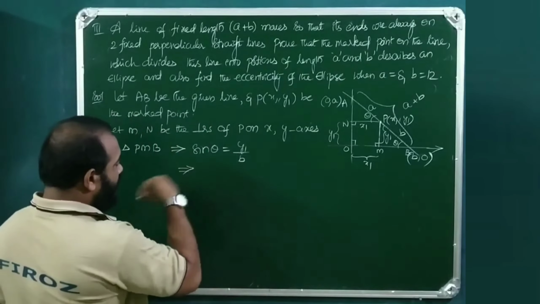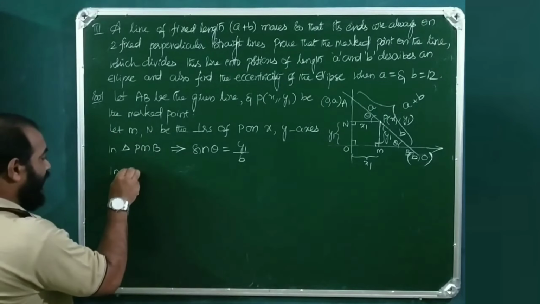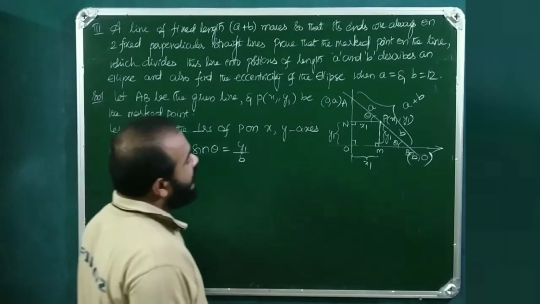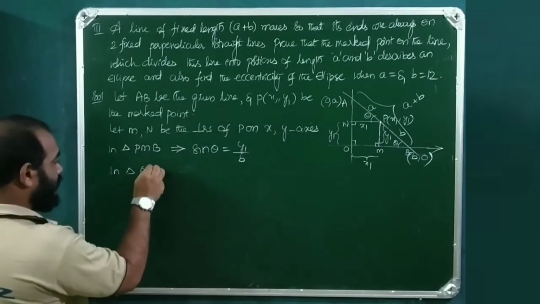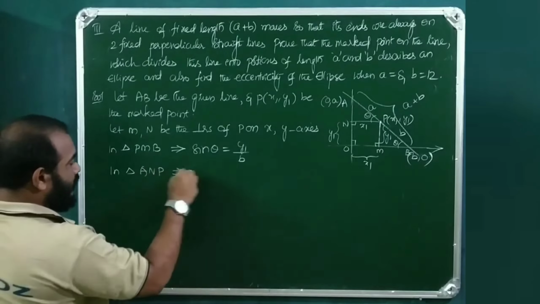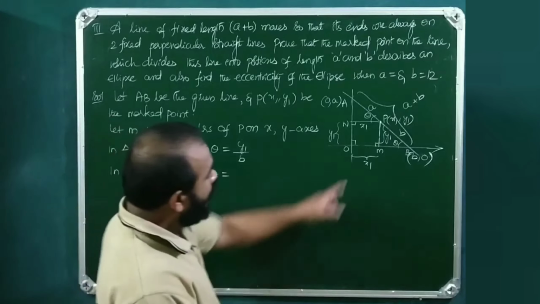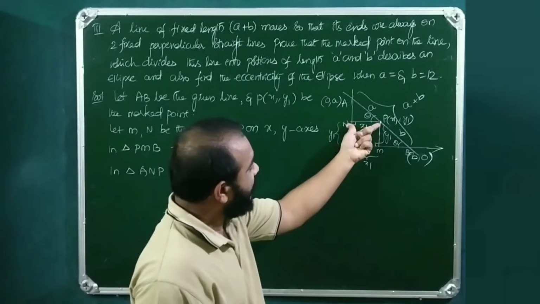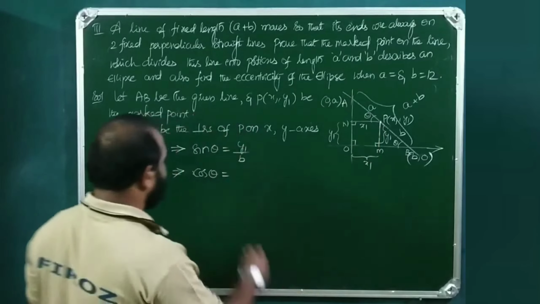And in triangle ANP, cos theta is equal to adjacent side by hypotenuse, x1 by a.